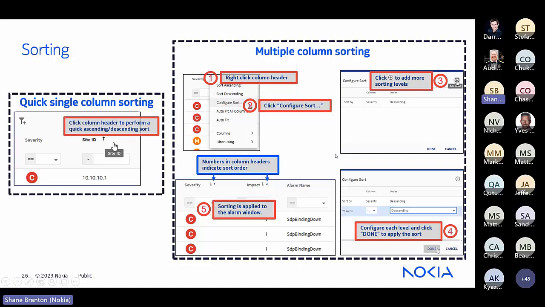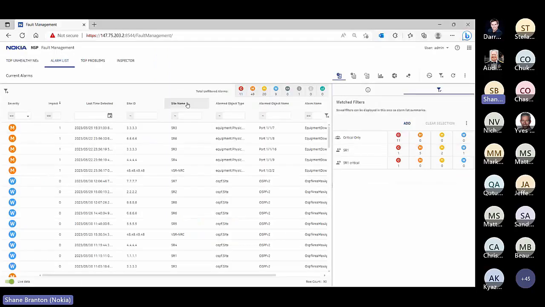Sorting. So a lot of similar features as the dynamic alarm list. You can right click on any of these for sorting. You can use filters, but there's a couple different columns here, one which I find is definitely the most useful, called impact. We'll start talking about impacts soon.